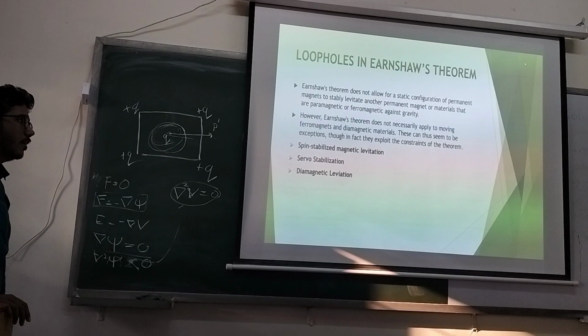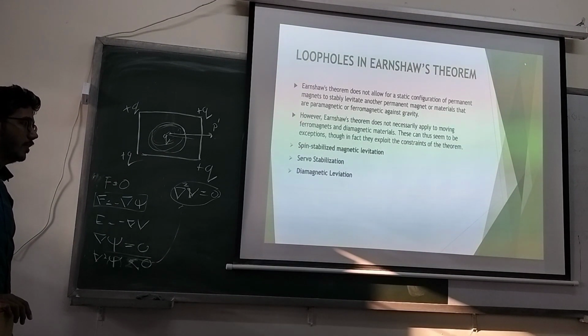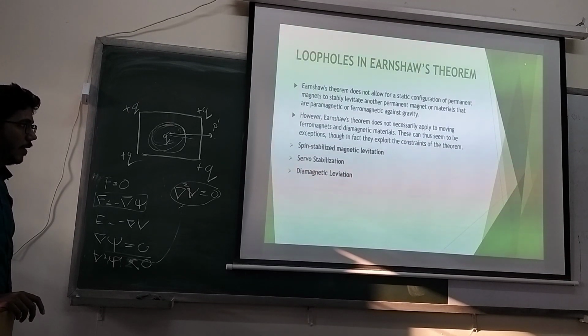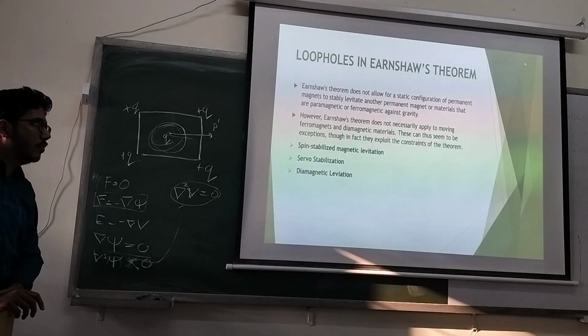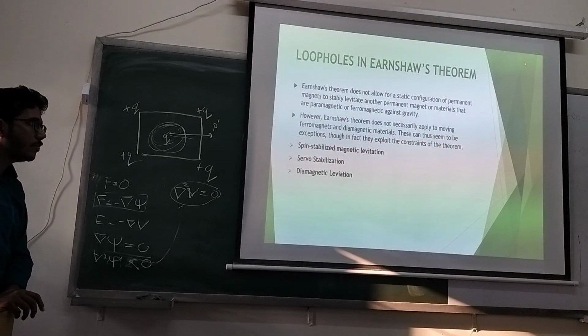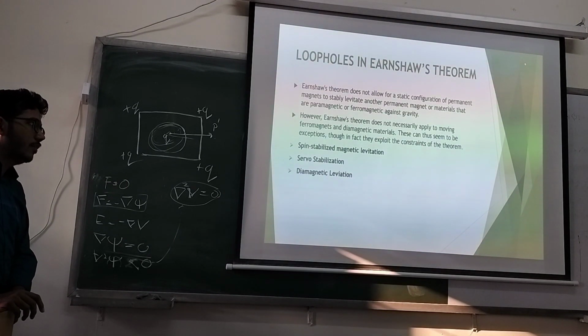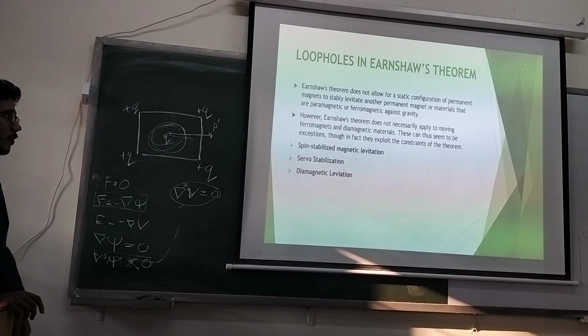In that we are basically rotating a ferromagnetic substance with the help of a permanent magnet, right? So the stabilization is mostly due to what we call the gyroscopic effect, right? So it is due to gyroscopic stability, and then there is servo stabilization.